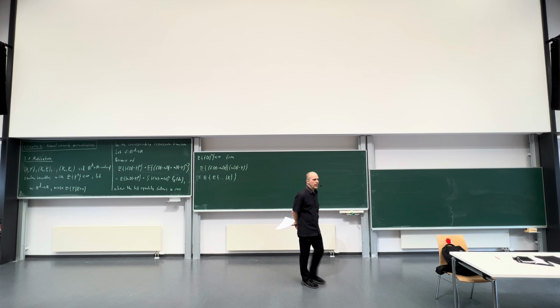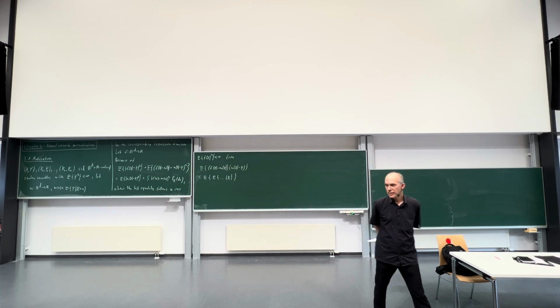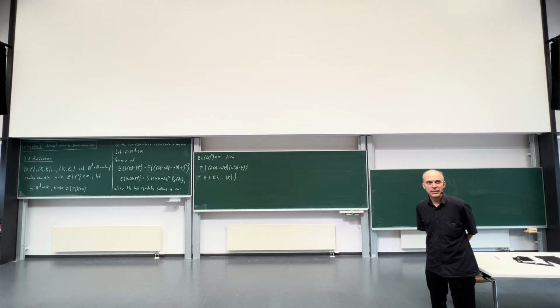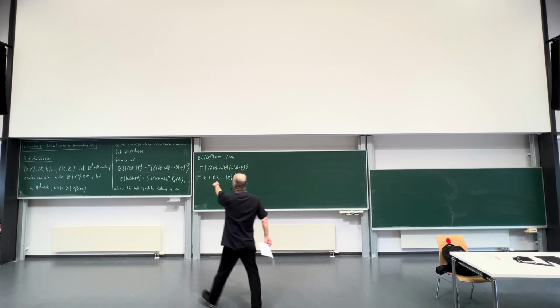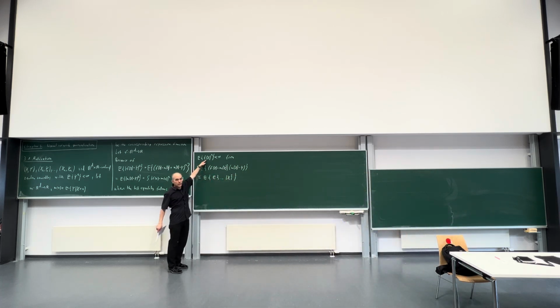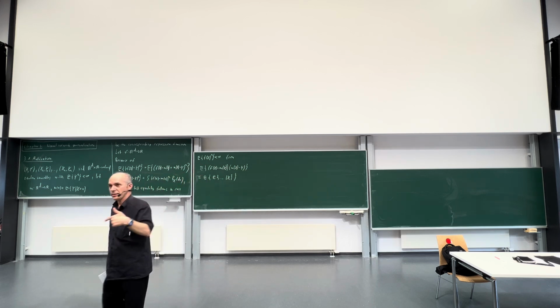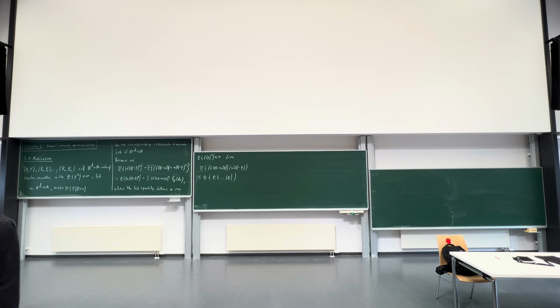I use that the product is integrable because each of the factors is square integrable, because by assumption f(X) is square integrable. By assumption Y is square integrable, and the square integrability of Y implies by Jensen's inequality for conditional expectation that also m(X) is square integrable.